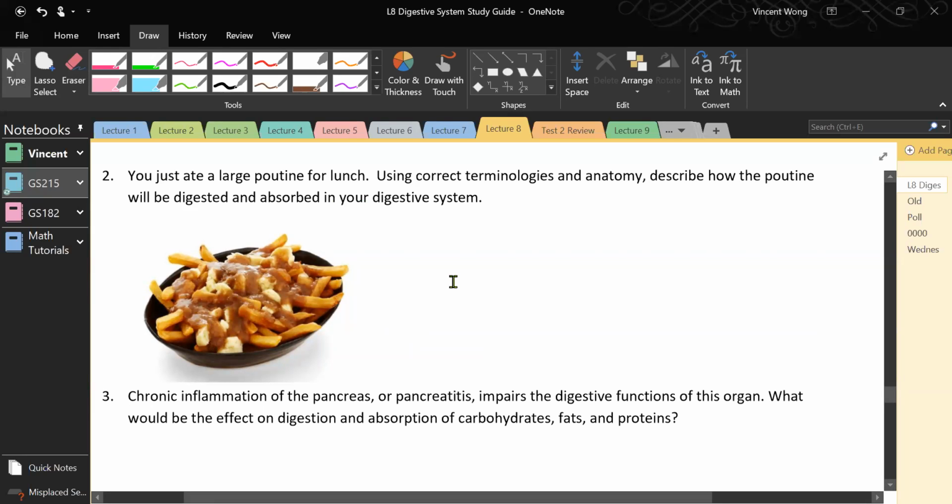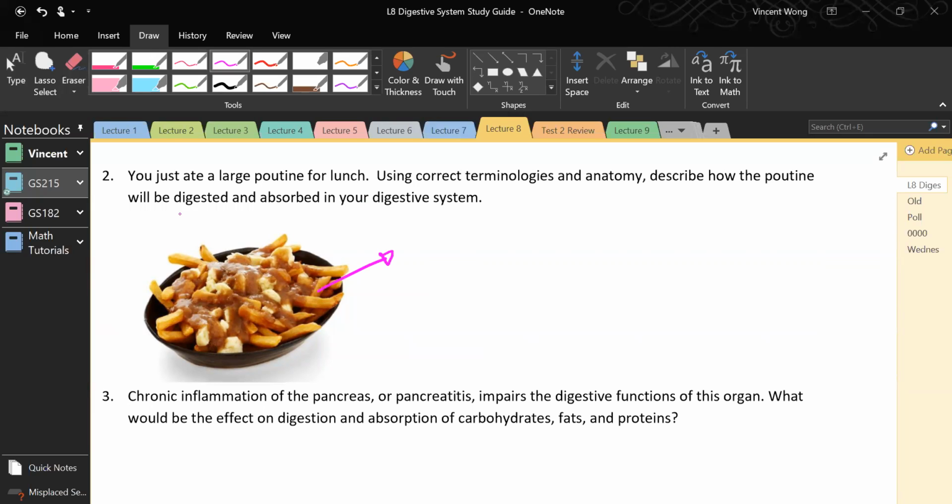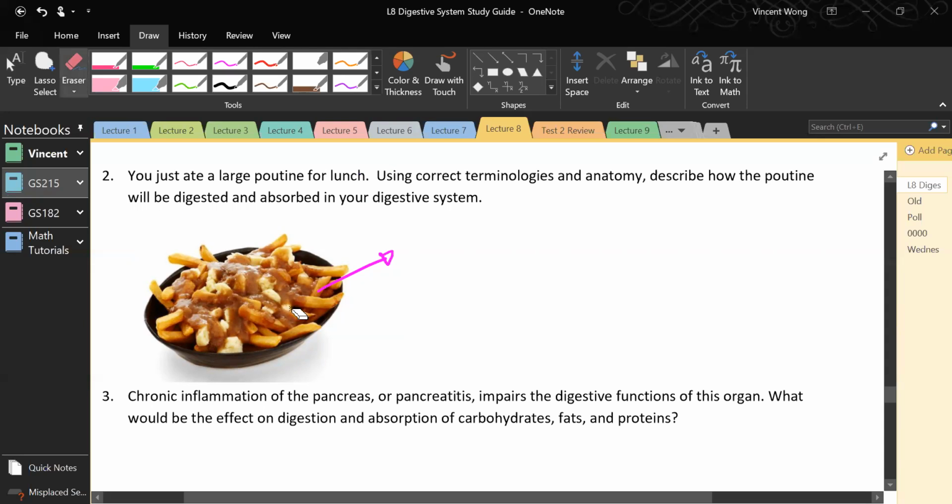So what kind of macromolecule is in a protein? Can someone tell me? What's the major component of a protein if you eat it? Nobody really reads the nutritional value, but it's basically carbs, right? Like all those French fries, all those potatoes, you're going to have lots of carbohydrates, right?